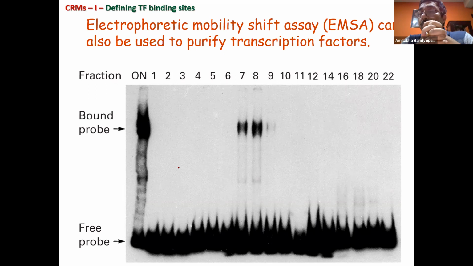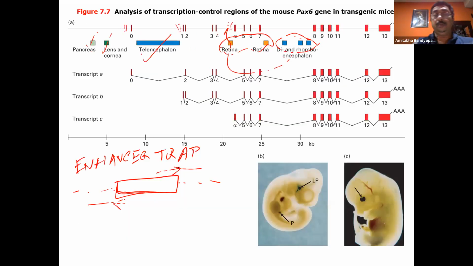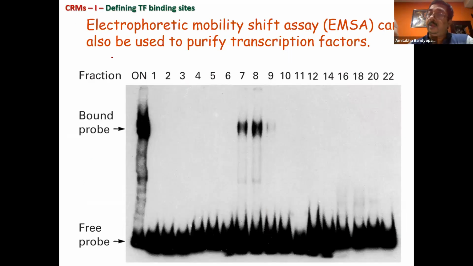So you can take nuclear extract from lens, and you can take the TAC6 enhancer region, which you already know. It is there on the map, meaning you know the sequence, and you make that DNA radioactive. The radioactive piece of DNA will have its migration based on its size on an agarose gel.